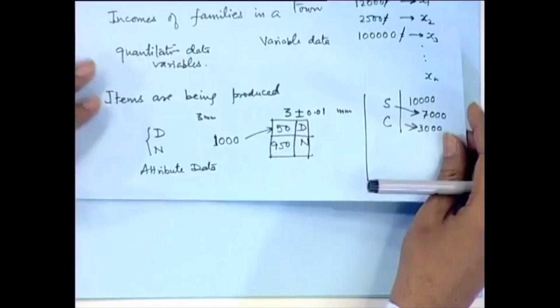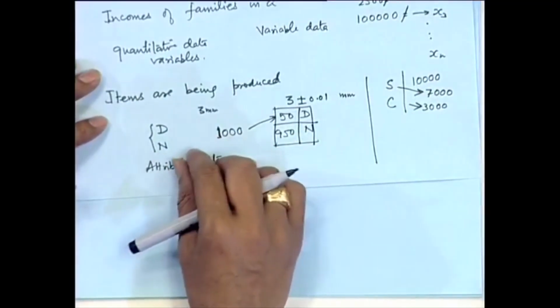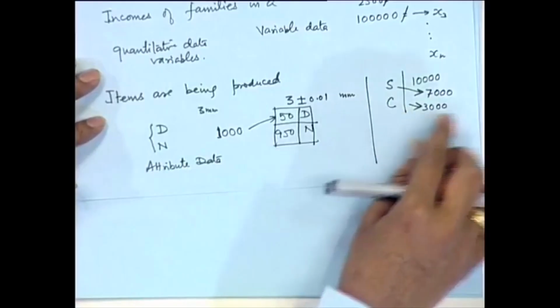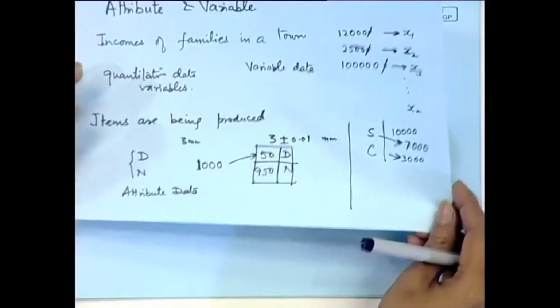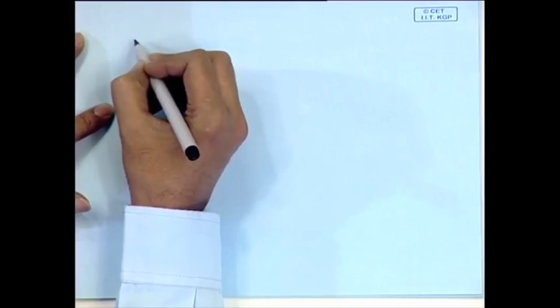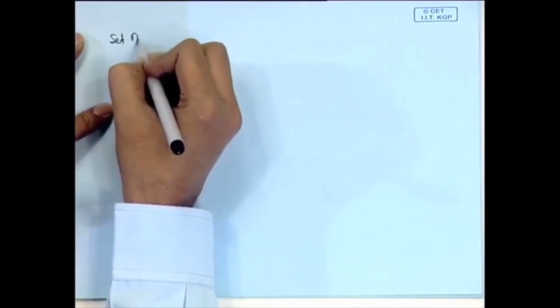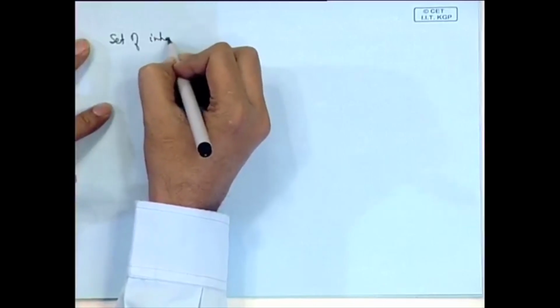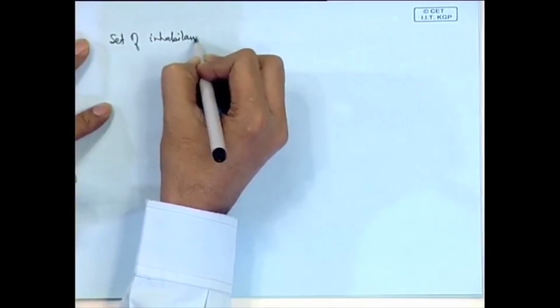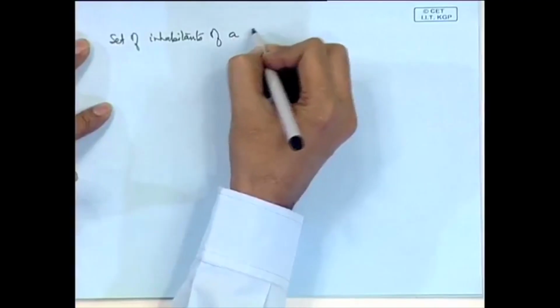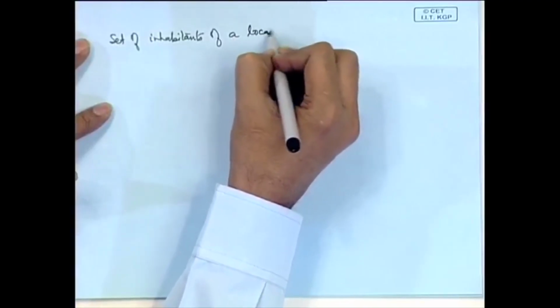In the case of attribute data, it is relatively easy to make a frequency distribution. For example, one may have two characteristics according to which we classify the data. Suppose we look at a set of inhabitants of a locality.